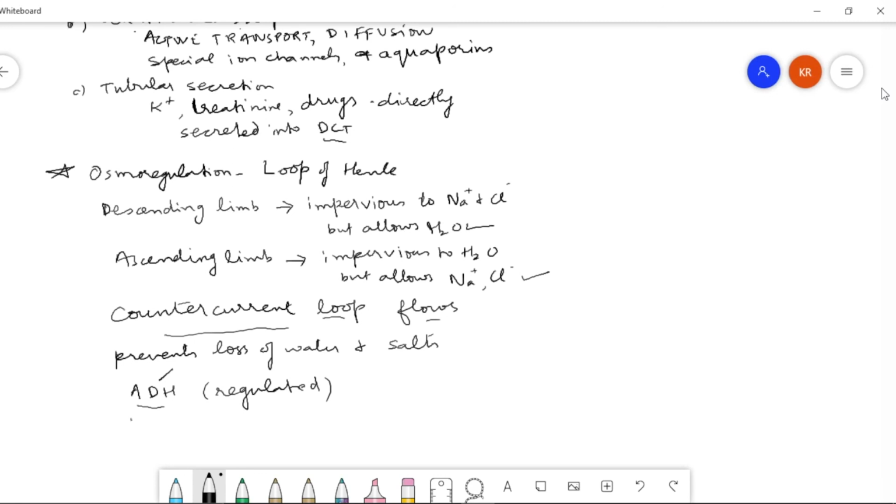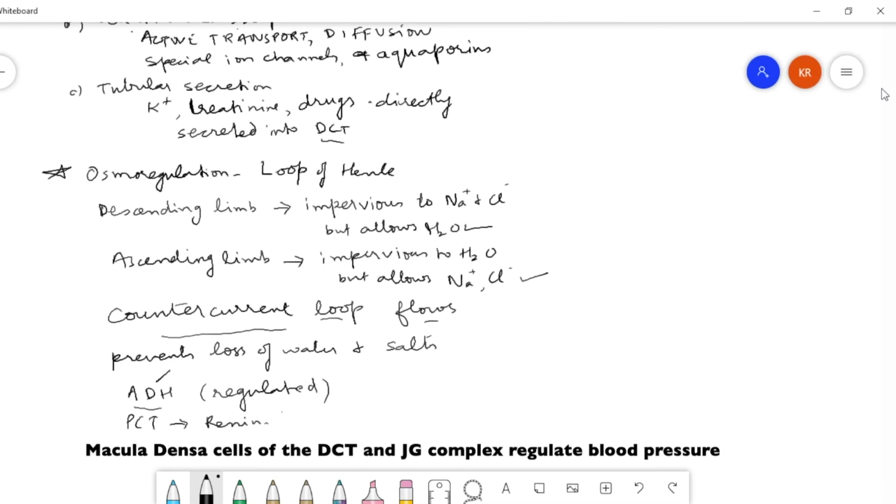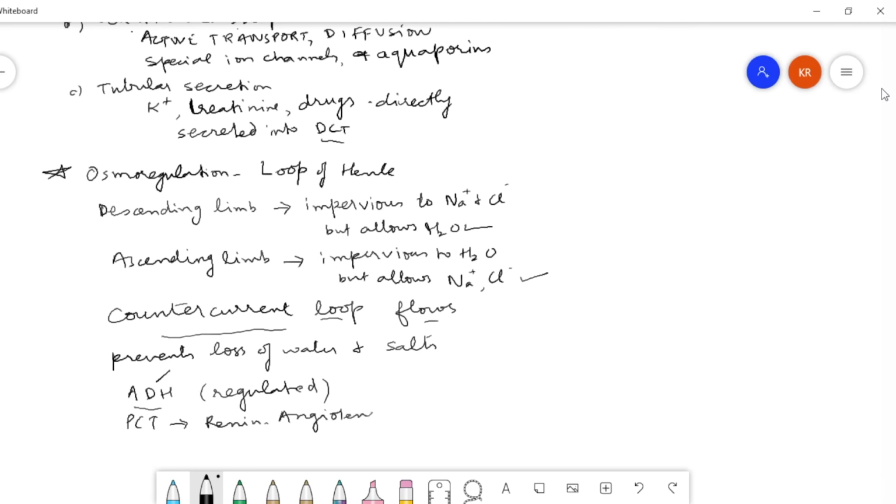Similarly, we will just say that the renin and angiotensin mechanism to regulate BP or blood pressure is very important. Once again, that is not in the scope of the syllabus. We have to just learn about structure and function.